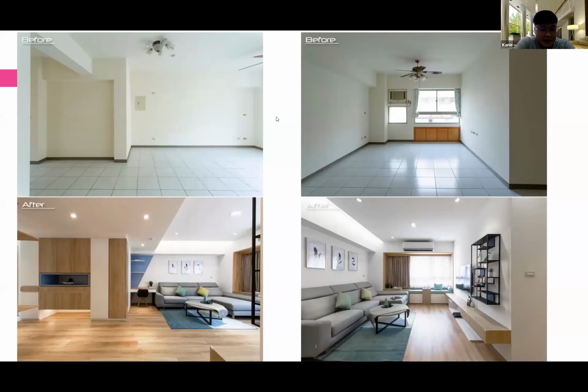We can see from the before and after photos that your value will be increased. Firstly, the furniture is already one of the benefits, but the design actually brings more space. Normally the old condos have a lot of beams, very ugly columns and very deep beams.